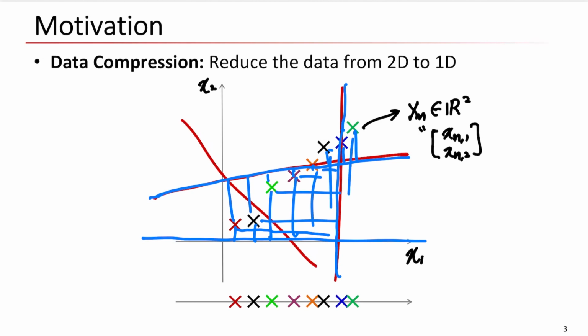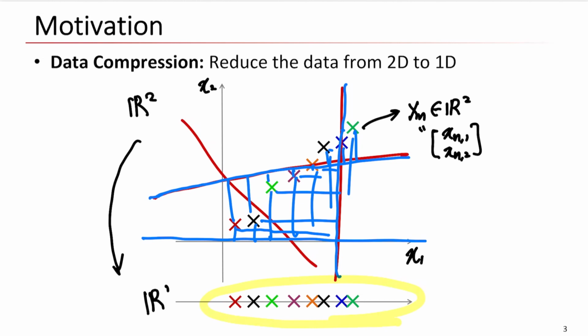So the new points are something like that. Okay, so this one is the R2 space and this is the R1 space. So from R2 space to R1 space, we need a new projection method, or a projection matrix, right?